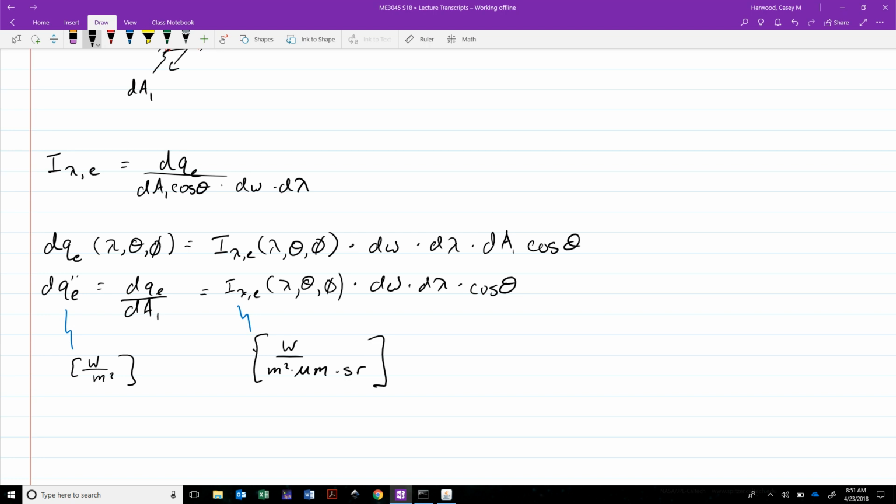If someone has measured the spectral radiation intensity emitted by an object, and you're given that as a function of lambda, the spectral content over different wavelengths and across a range of spherical coordinate angles, then it's fairly trivial to integrate over some of those coordinates and figure out how much energy is being radiated in a particular direction.